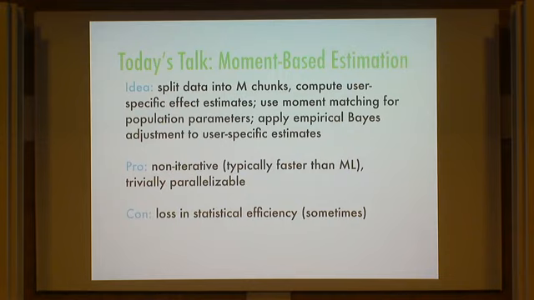And then use these estimates to do some moment matching and estimate the parameters of the hierarchy, that mu and that sigma matrix. The advantage of this is it is not iterative, and it's very easy to parallelize. The disadvantage is this is no longer maximum likelihood. There's potentially some loss in statistical efficiency. So I'll spend most of the talk going into the details of this procedure.